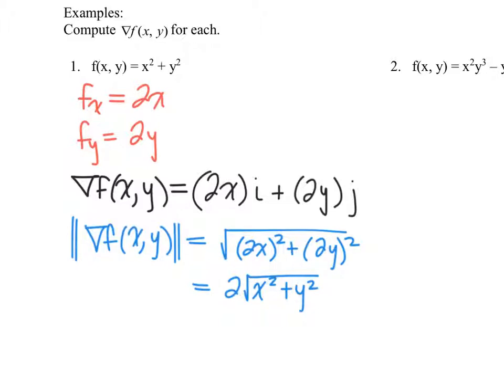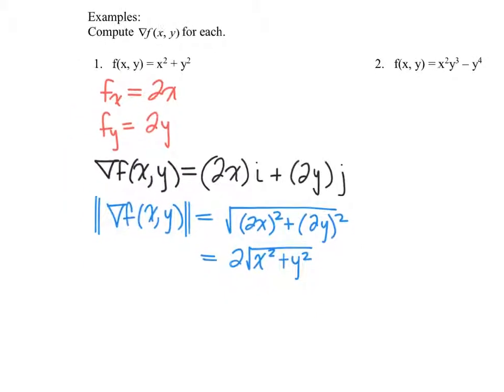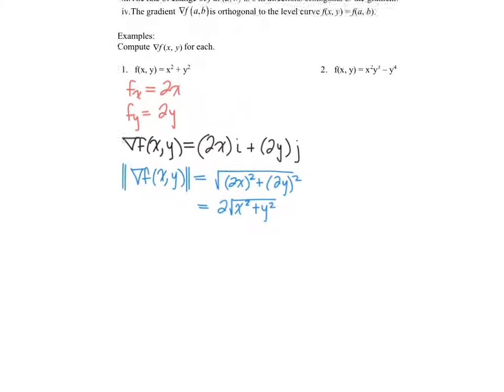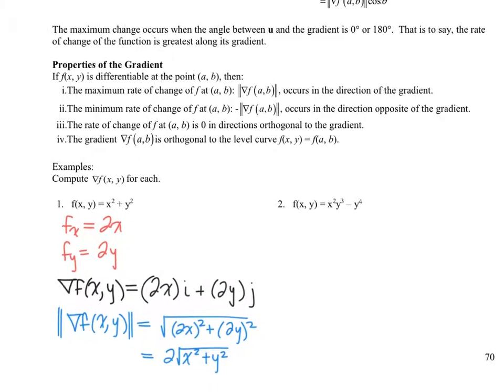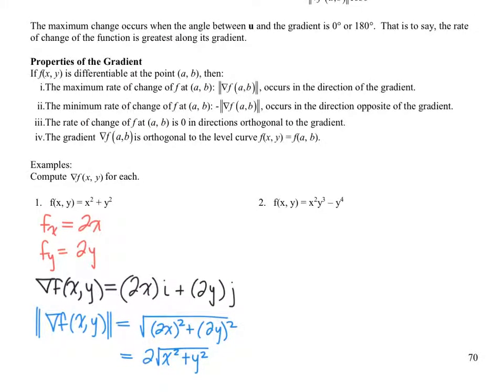If you really want to get fancy, you can go back and substitute it in terms of the original function. You could say 2 root z, but that's not really necessary. Again, this was not really asking for this, but there is a consequence. Maximum rate of change of function f at AB: if you have the magnitude of your gradient, it occurs in the direction of the gradient.